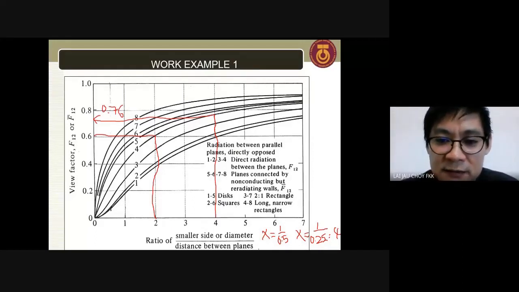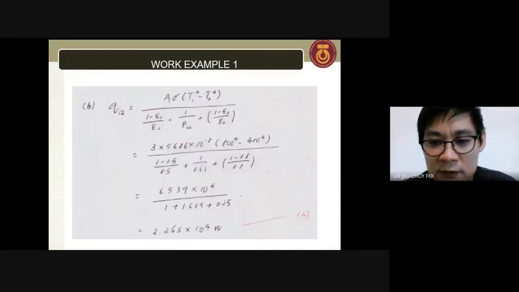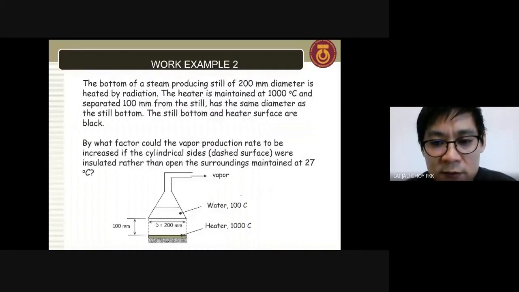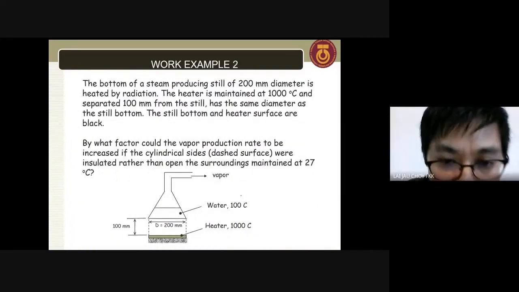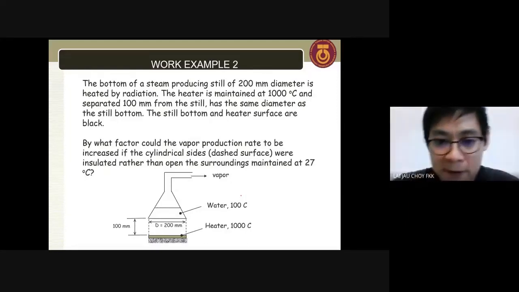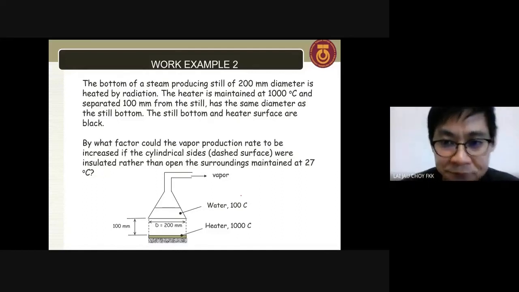But in this case, because you are given the diameter, it's no longer a rectangle or square, but basically two circles facing one another.